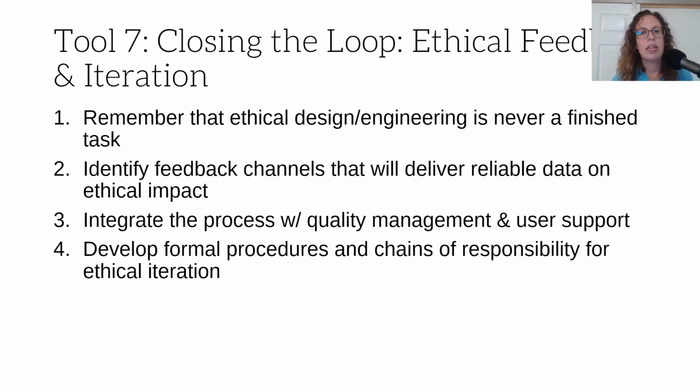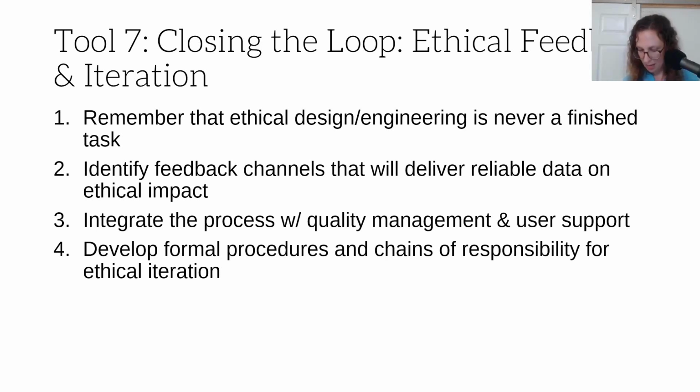And then tool 7 is closing the loop: ethical feedback and iteration, remembering this is never a finished task, and identifying feedback channels that will give you reliable data, integrating this process with quality management and user support, and developing formal procedures and chains of responsibility for ethical iteration.